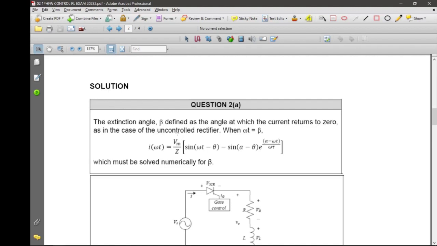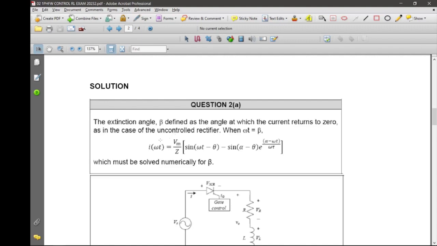So it is very much similar to the uncontrolled rectifier, where you can see that the input current goes to zero, and at that particular extinction of the current, we have beta at that point.